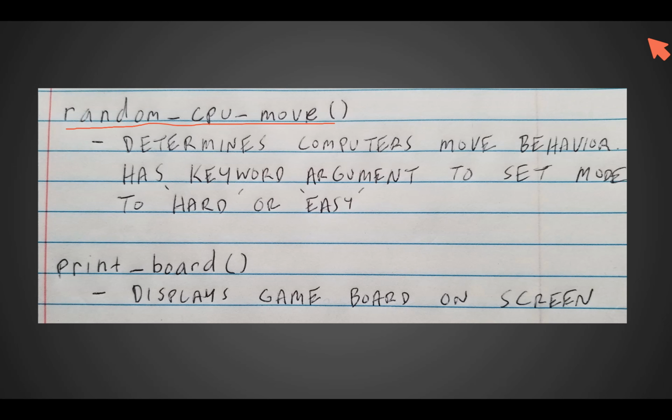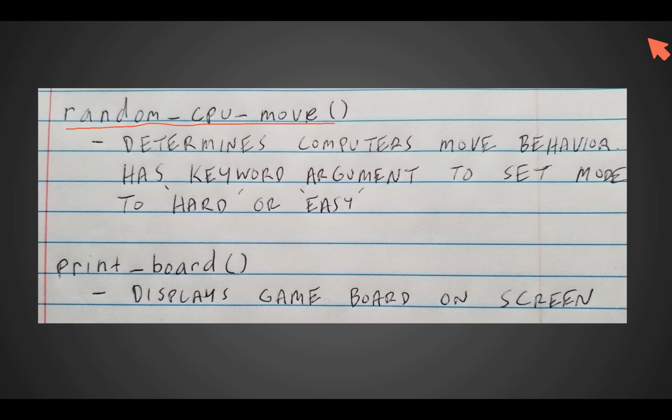It's also going to employ a Python feature called a keyword argument to set the mode of how the computer does its move. I have two modes set up in this project: hard and easy. And it really is just the level of difficulty.